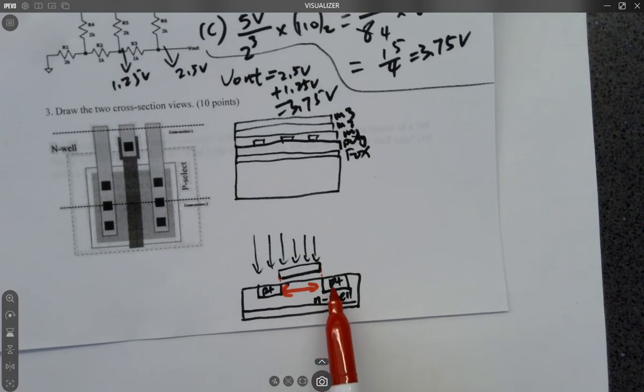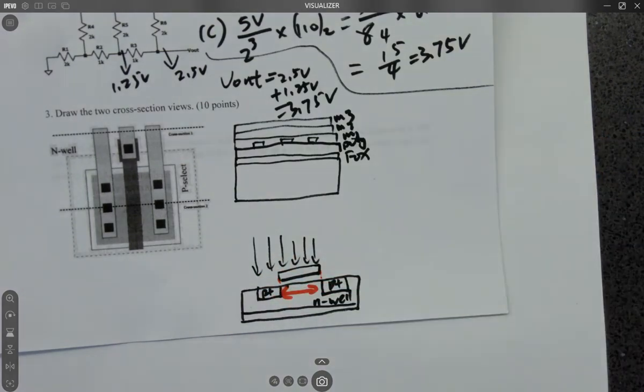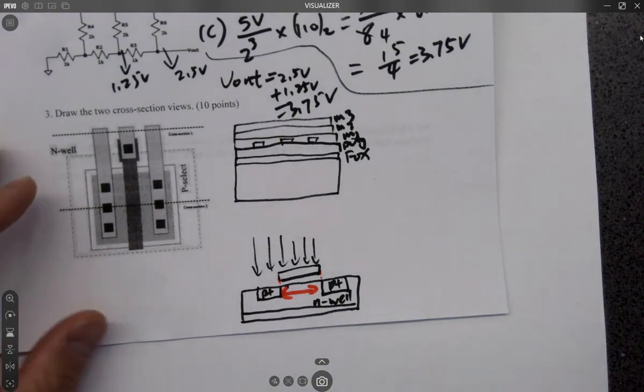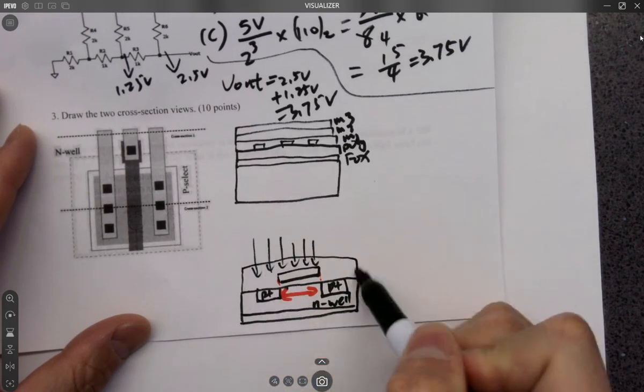How could you align them perfectly? So if you do the poly first and then do the deposition, it's basically doing a self-alignment, right? You don't have to align it for the next step. It's already aligned. Okay? Then what's on the top of it? That's the polysilicon, right?